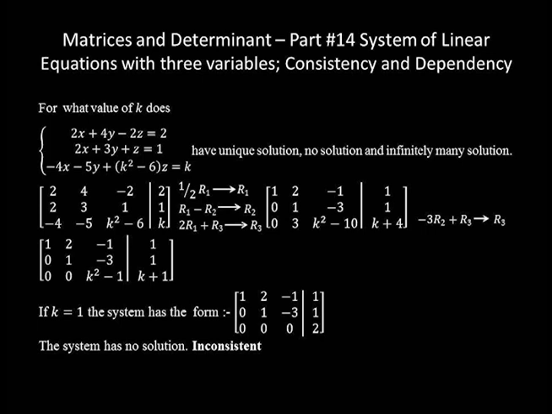To summarize, if the system has a solution, we call it a consistent system of equations. If not, an inconsistent system of equations. Consistent systems of equations are of two types: independent if it has only one solution, and dependent if it has infinitely many solutions. This brings the end of part 14.